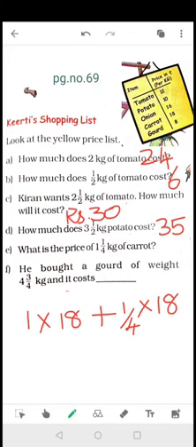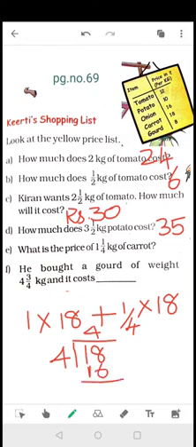See here, we all know 18 is not divisible by 4. So a small division we are going to do now. 18 divided by 4. 4 fours are 16 will come. After 2, I will put one dot and add 0, and 5 fours are 20.